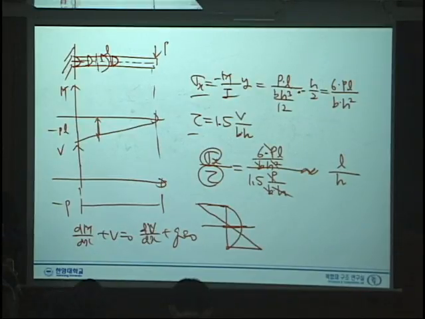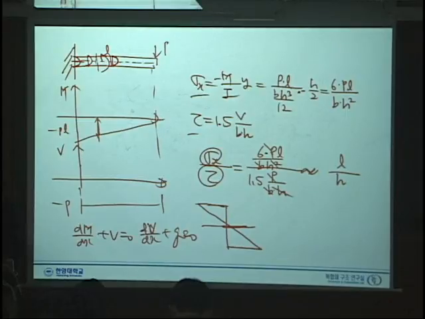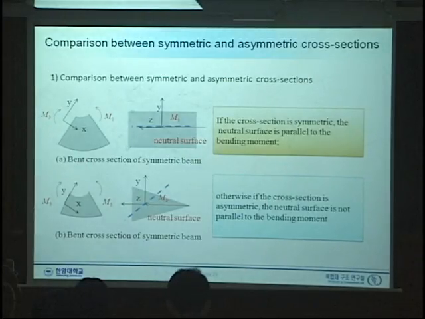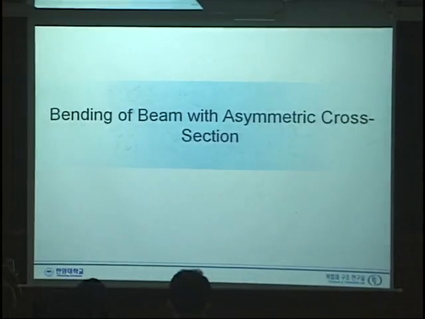So if we consider magnitude, actually I have to draw like that. Very small shear stress, but this stress is very large. Now, this step is a bending of beam with a symmetric cross-section.